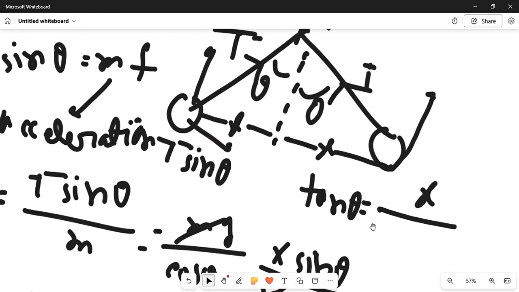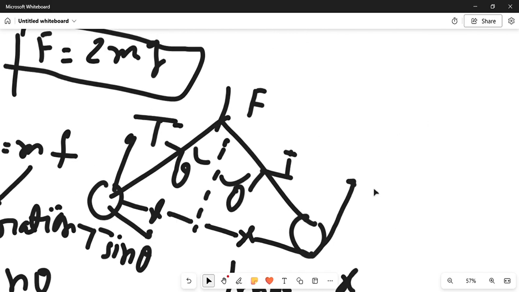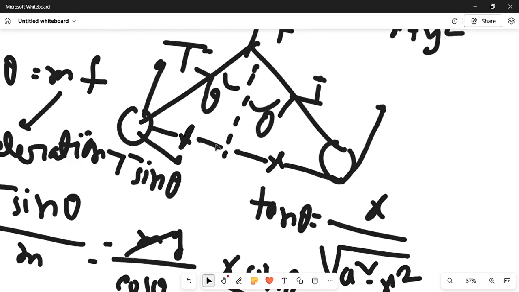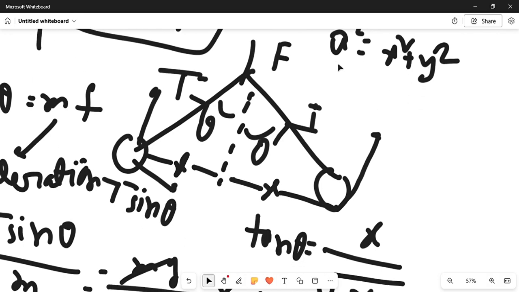So tan theta is perpendicular by base, and by the Pythagoras formula, a square is equal to x square plus y square, where y is the base. So from this right angle triangle, y square is equal to a square minus x square, so y is equal to root over a square minus x square.